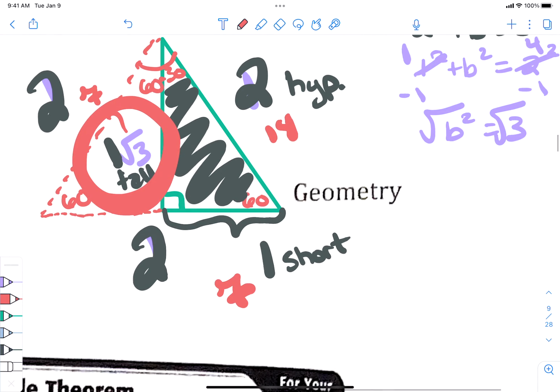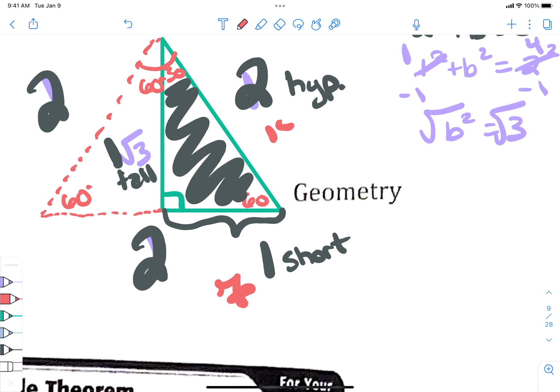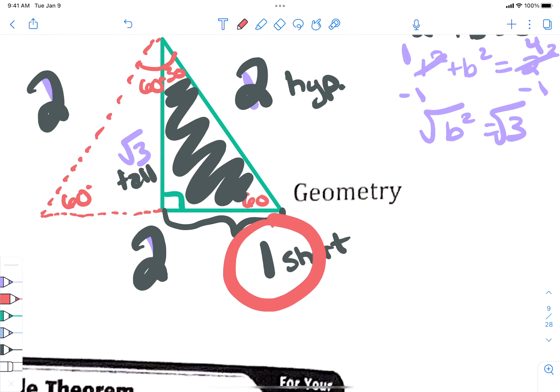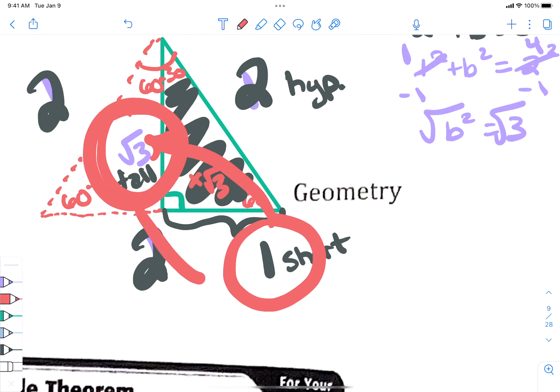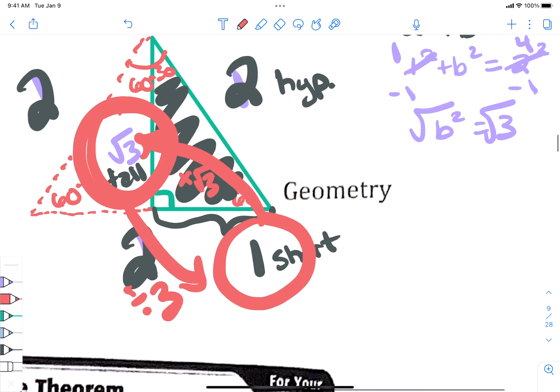Kind of in the same way as you had your square root of 2 thing, if you're trying to go from the short side to the tall side, you multiply by the square root of 3. If you're trying to go from the tall side to the short side, you divide by the square root of 3. That's the relationship that works. So should I write out a little key?